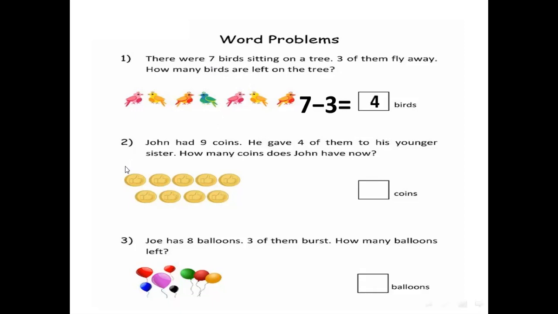Okay, who can do the next two with me? I want Jessie. Jessie, can you hear me, honey? Yes. Okay, let's read this problem together. John had 9 coins. He gave 4 of them to his younger sister. How many coins does John have now, or how many coins are left?